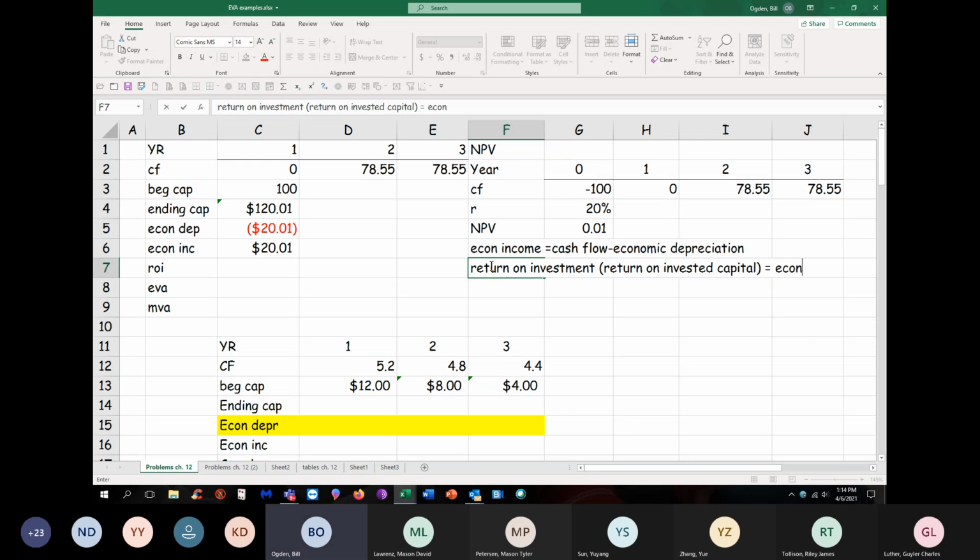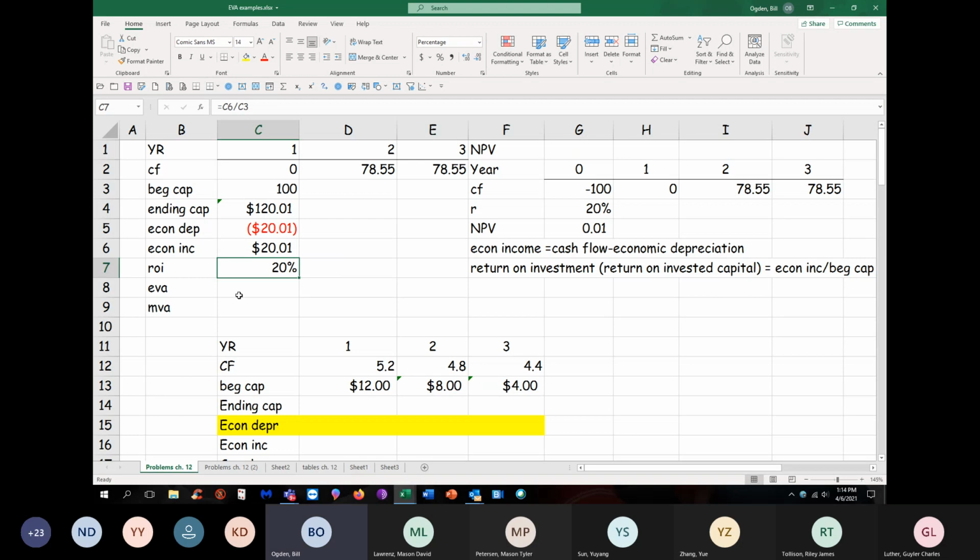econ income divided by beginning cap. Okay, so we'll come over here. I'll give you a moment to catch up here. But this will equal our economic income divided by our beginning cap.